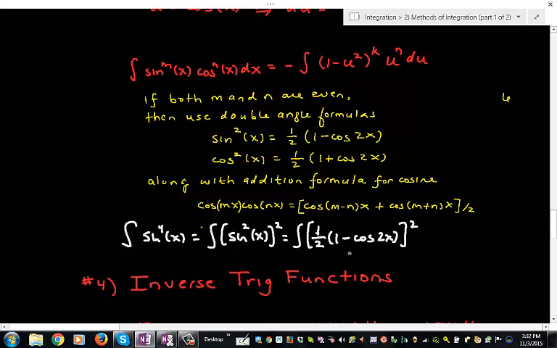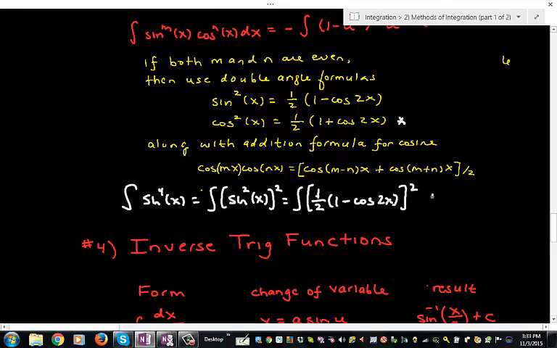Okay, and I can see what's going to happen here. I'm going to get a constant term. I'm going to get a cosine 2x term, which I can do by change of variables. And I'm also going to get a cosine squared of 2x, which I can then reduce down using this formula and change the variables again. Okay. So this is a very good integral to practice on. I'll leave this for you to do.